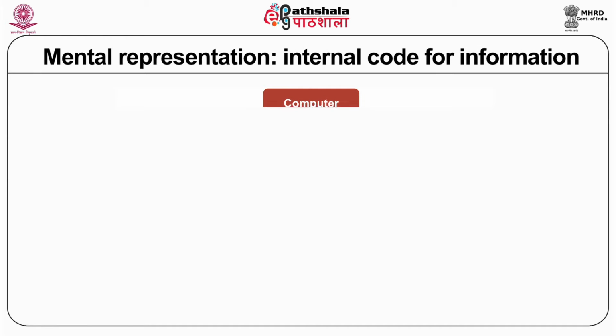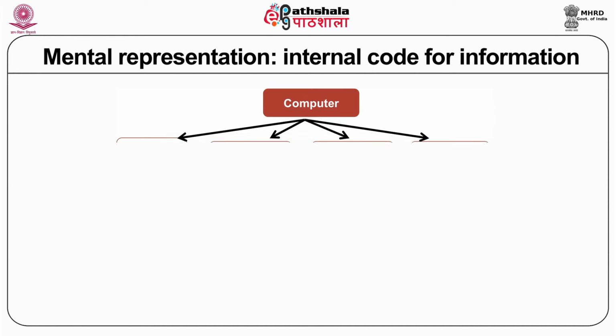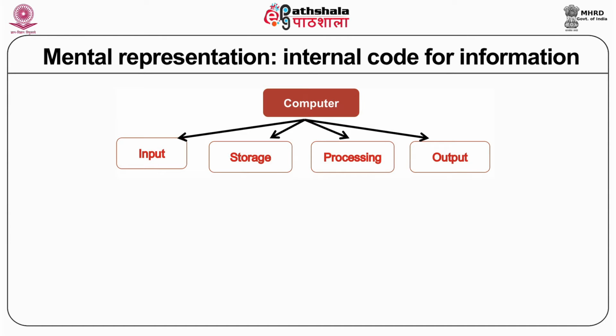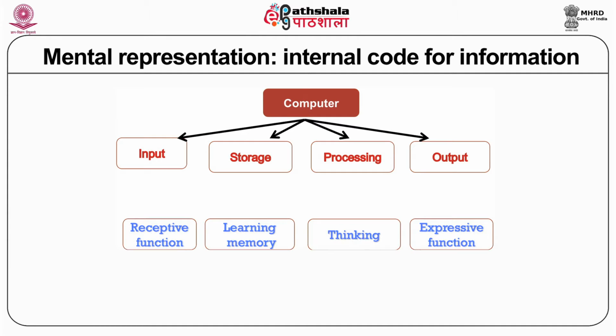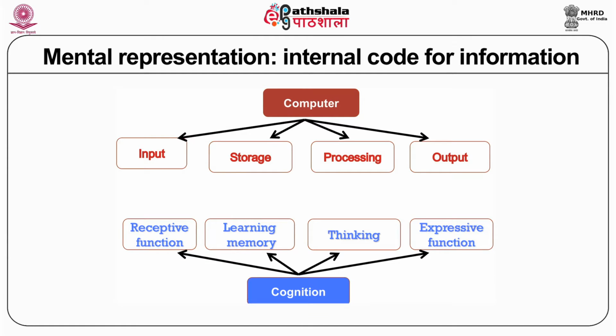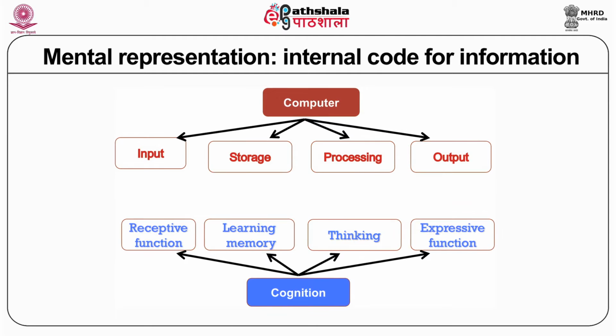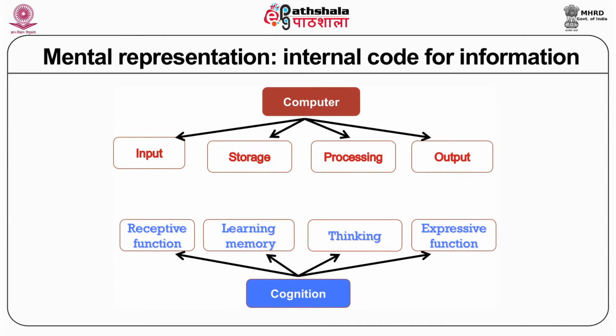Thereafter, the information processing can be linked to a series of stages. Cognitive psychology has often been compared to a computational aspect in terms of the level of processing, wherein the input is compared to receptive function, storage as learning and memory, processing as thinking, and output being the expressive function.